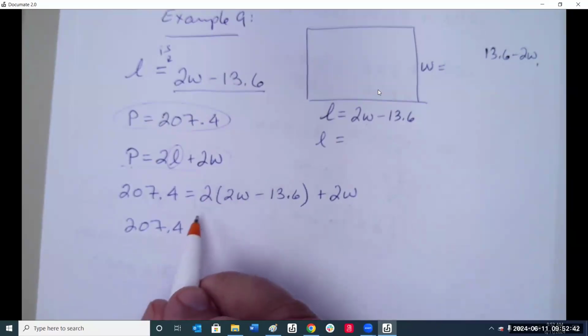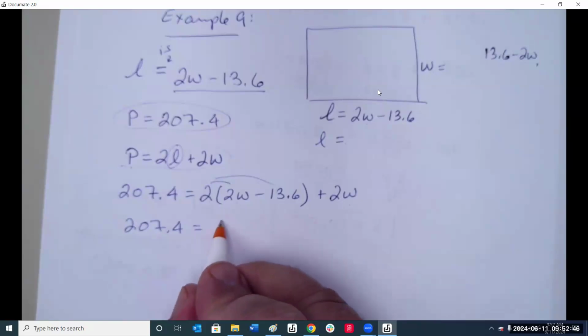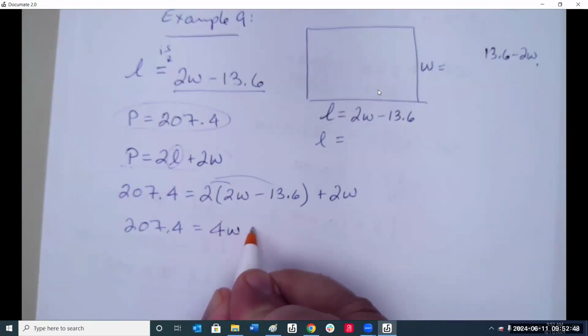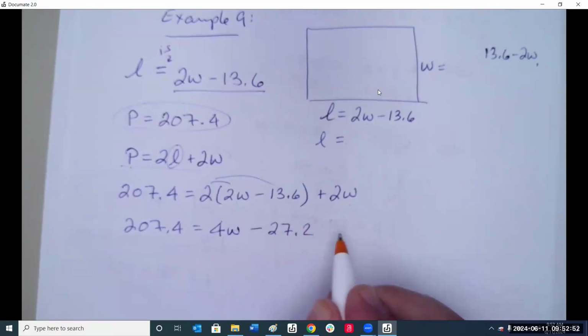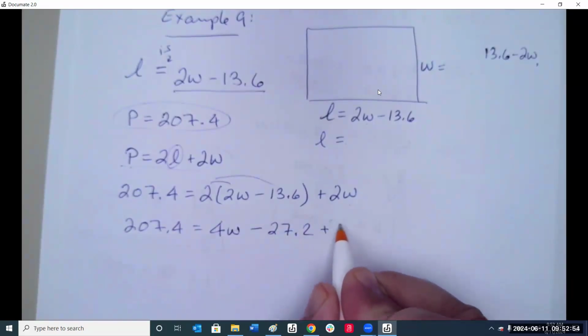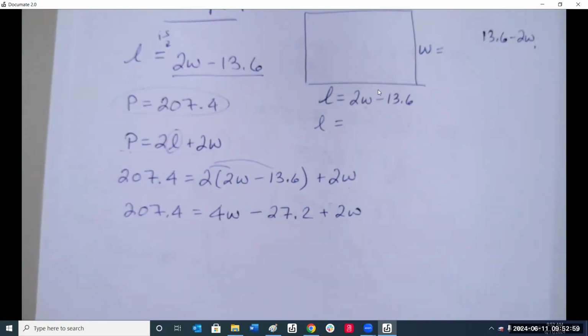207.4 equals. Distribute this, which is 4W minus 27.2 plus 2W. 2 times 2 is 4, 2 times 13 is 26, 0.6 is 0.12.